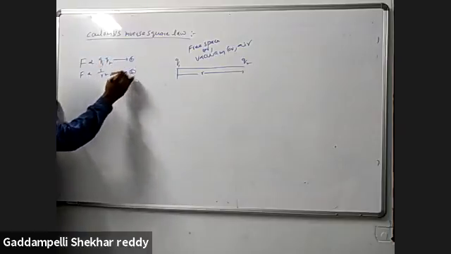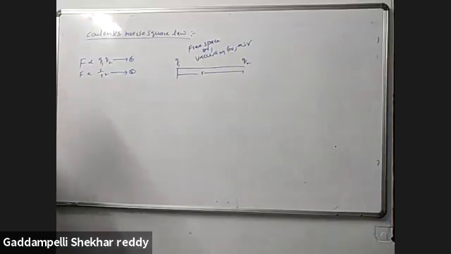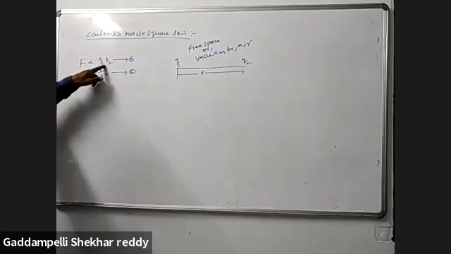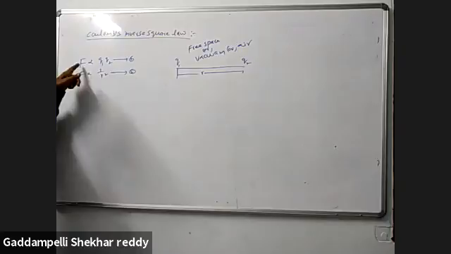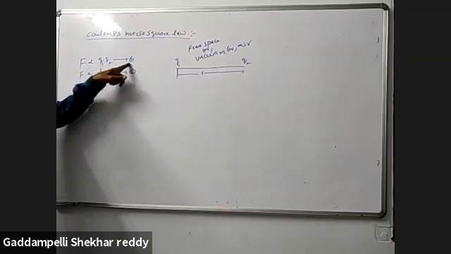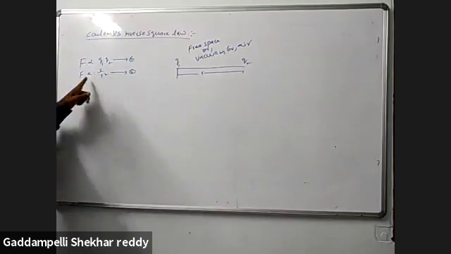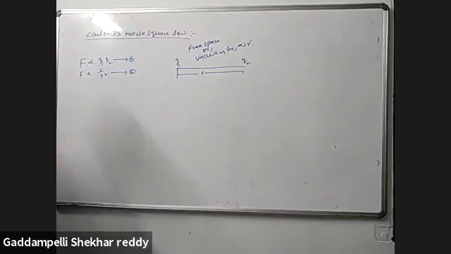Once again, according to Coulomb's inverse square law, the force between two point charges is directly proportional to the product of charges and inversely proportional to the square of the distance between them. From this definition, we can write F proportional to Q1 Q2, equation 1, and F proportional to 1 by R square.